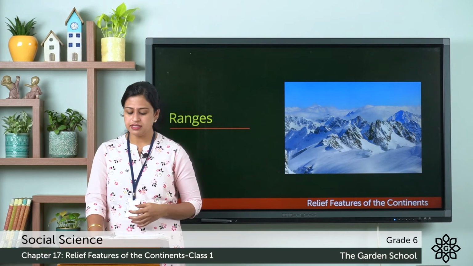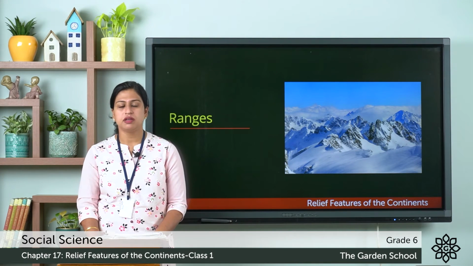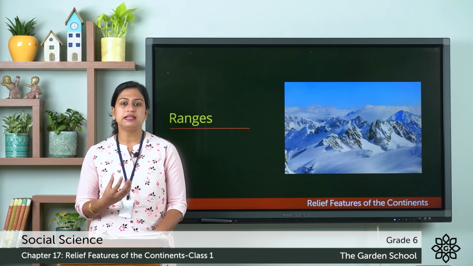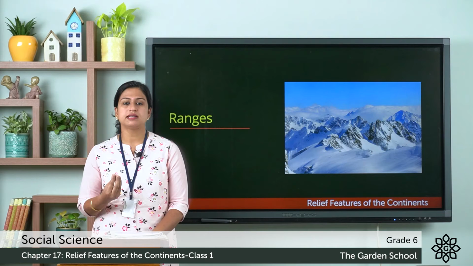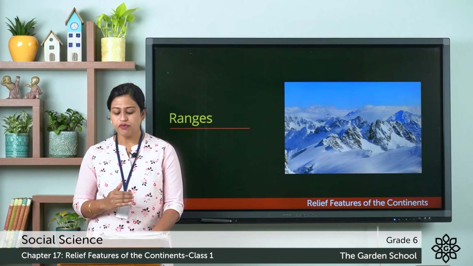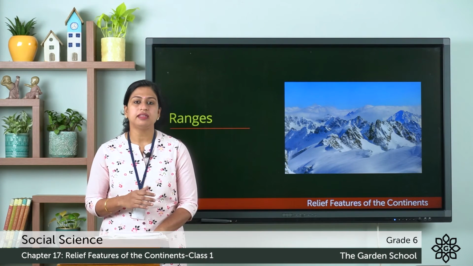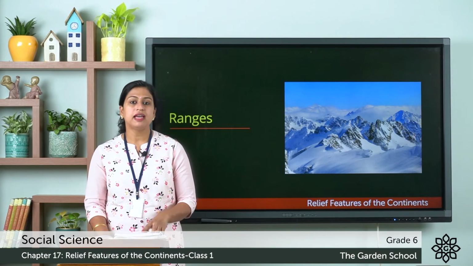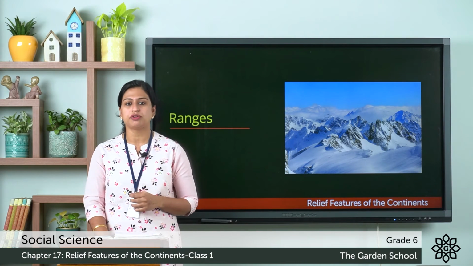The first reason is that the glaciers that are present on the mountains melt during summers and form the rivers, and rivers provide us with water and fertile alluvial soil, and form the deltas and plains. So, deltas are the wetland areas that are formed when the river water empties into the large water bodies.